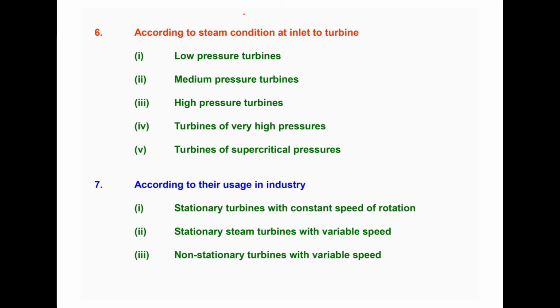According to their usage in industries: stationary turbines with constant speed of rotation, stationary steam turbines with variable speed, non-stationary turbines with variable speed.